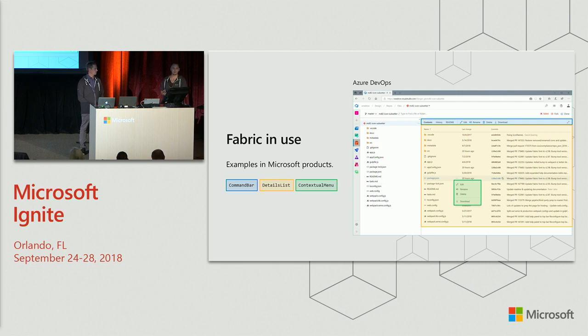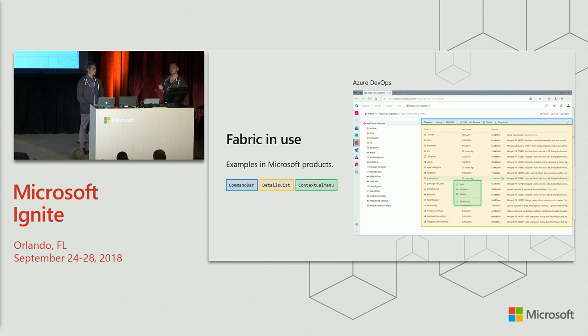Now, you'll see here that they're using the same controls, the same details list, command bar, and contextual menu as OneDrive and SharePoint. And so as a user navigates between their files and then goes to manage their code or their pipelines, they're getting the same feel, the same kind of responses from all of these controls.